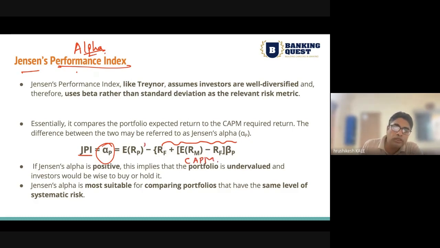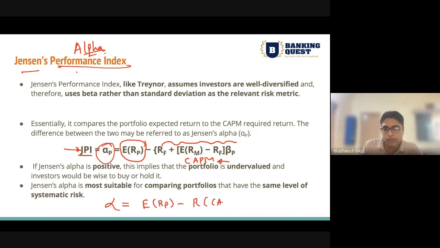How much your portfolio is earning beyond CAPM, that is given by Jensen's alpha, which is nothing but expected return of portfolio minus return calculated by using CAPM. It's as simple as that. If Jensen's alpha is positive, that implies the portfolio is undervalued. And if Jensen's alpha is negative, that means the portfolio is overvalued.